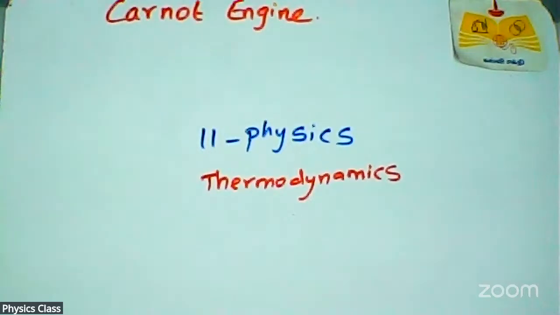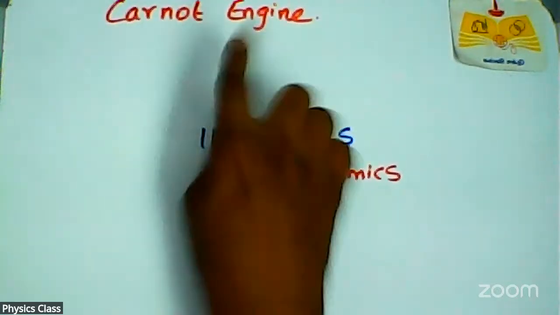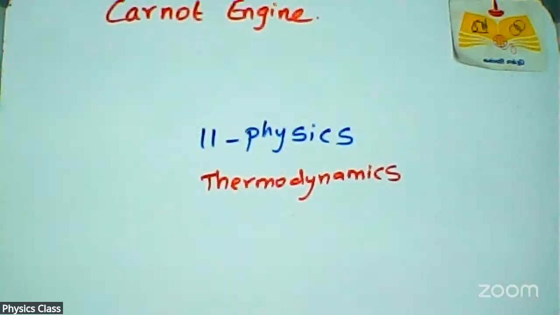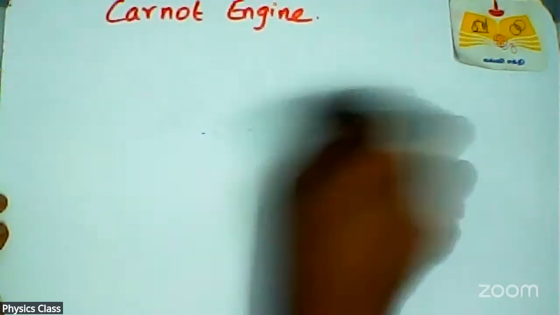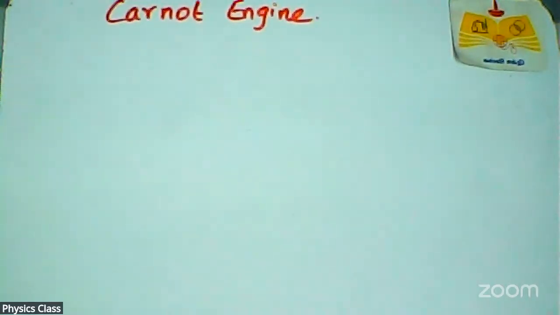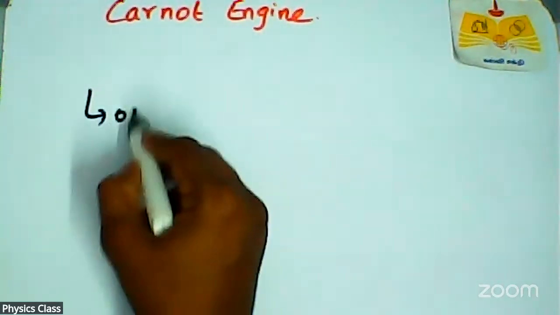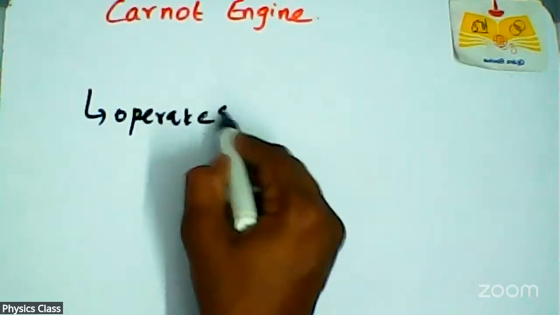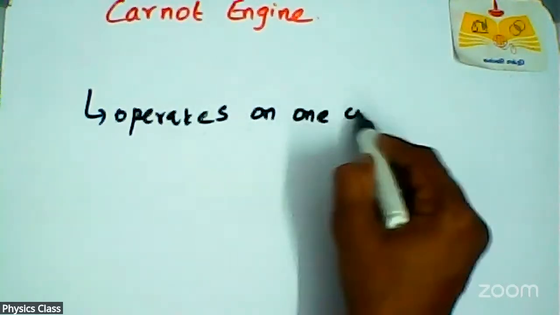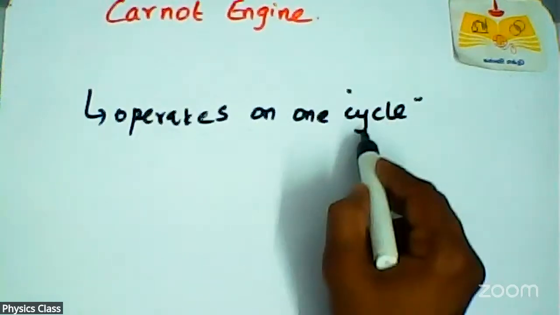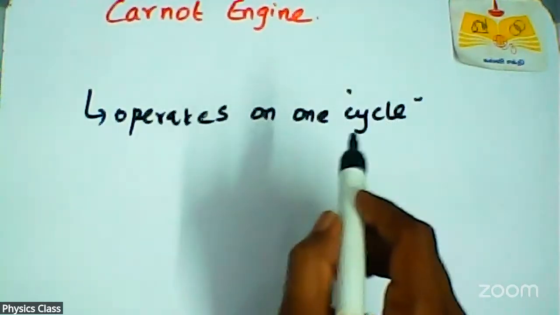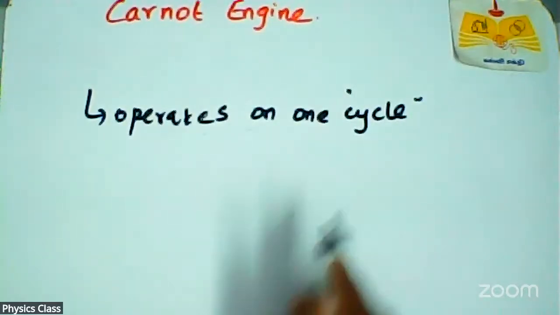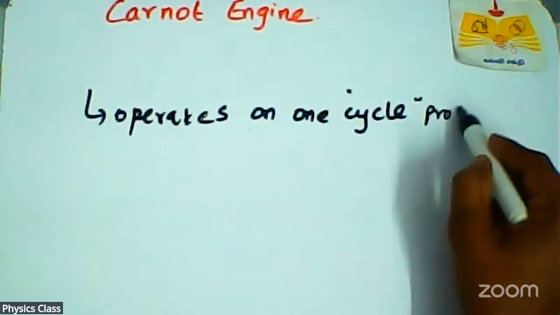The special type of heat engine is known as the Carnot engine. This engine operates on a one cycle process. One cycle means there are 4 stages included in that. We will discuss later.